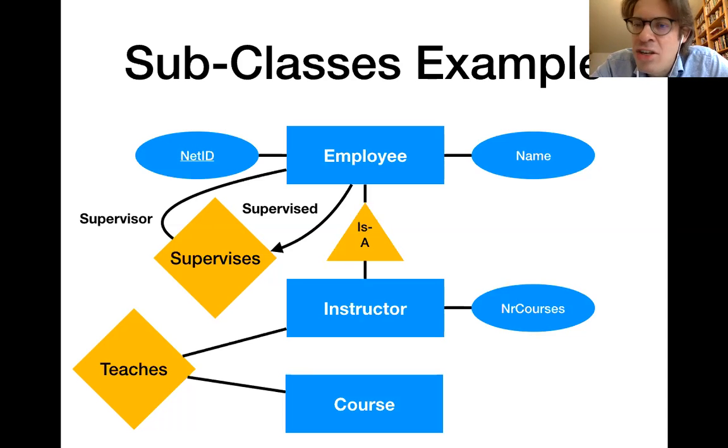It also adds a new attribute, the number of courses, which only makes sense for instructors but not for other employees. And it also adds a new relationship, the teaches relationship, which connects an instructor to the courses that are taught by this person. So here we have added a relationship and a new attribute that only make sense for this specific subclass of entities.